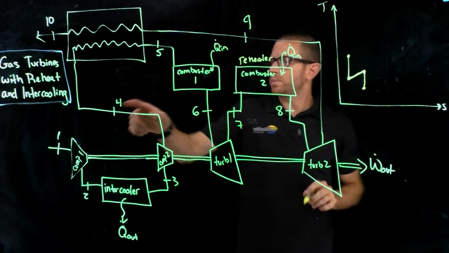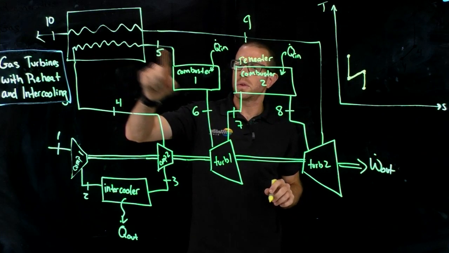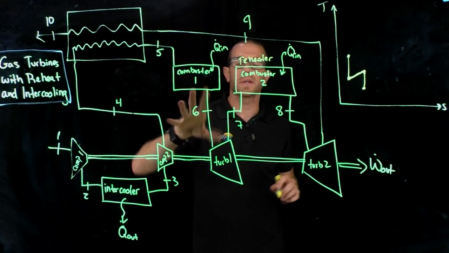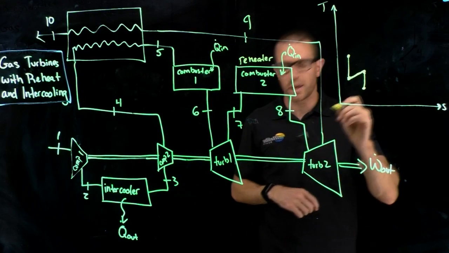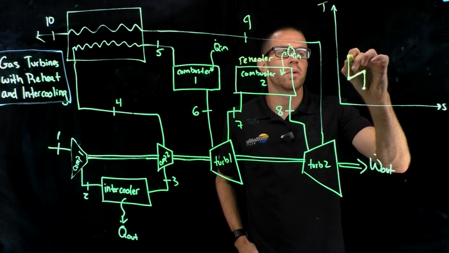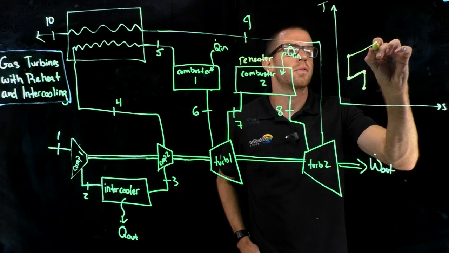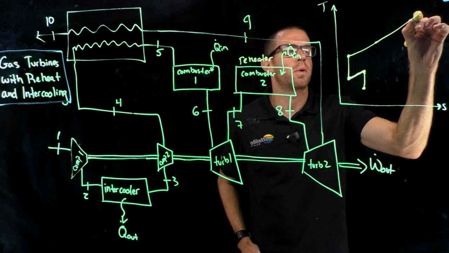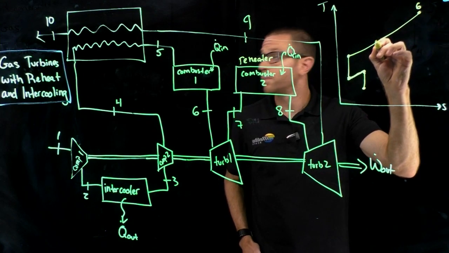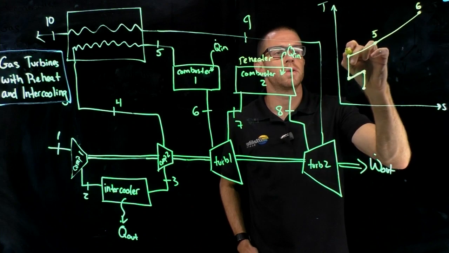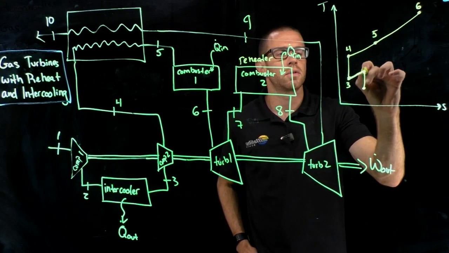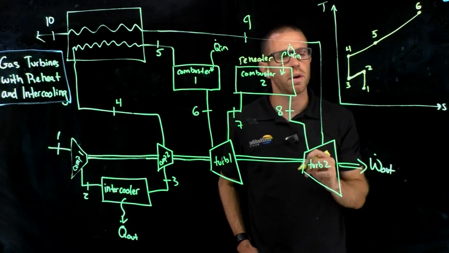And then from 4 to 6, all the way from 4 to 6, I'm just heating. So I've got different stages of heating, and that's all going to happen at a constant pressure. So here we go, 4, 5, and then along that same isobar up to 6. All right, so 4, 5, 6, 3, 2, 1.